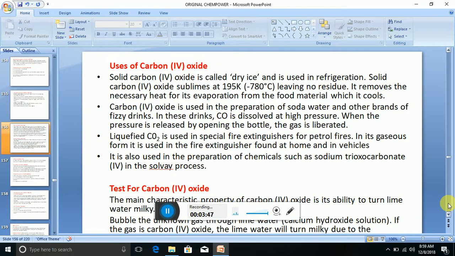Uses of carbon (IV) oxide. Solid carbon (IV) oxide is called dry ice and is used in refrigeration.